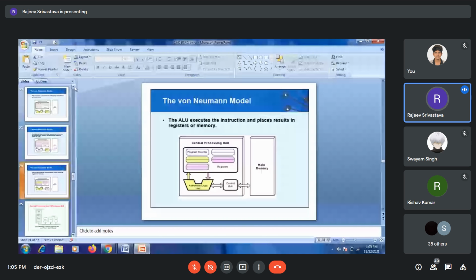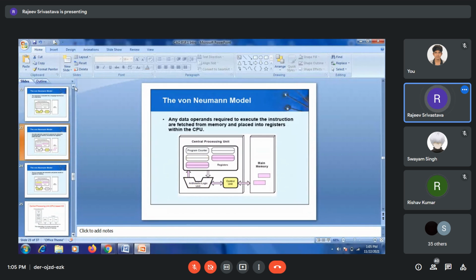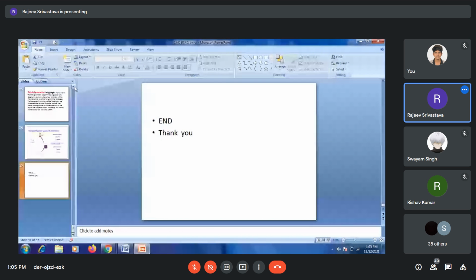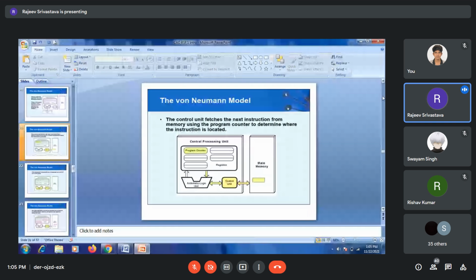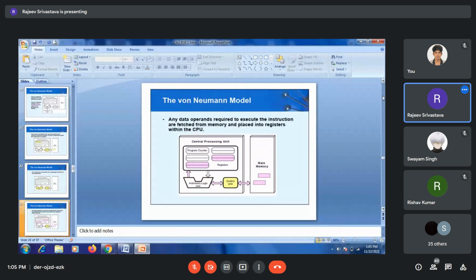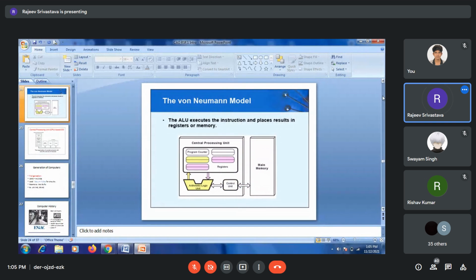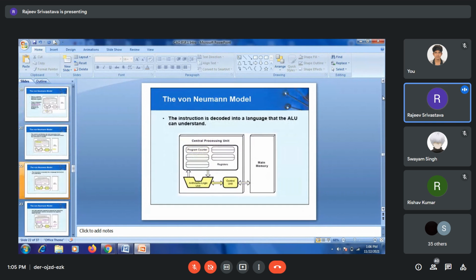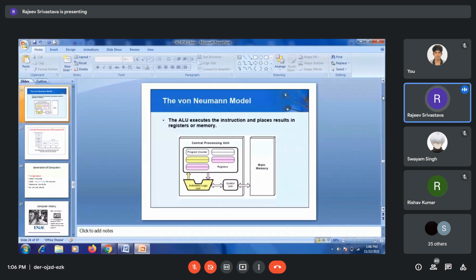And the stored program concept means the program has to be loaded into main memory and executed. This is done by fetching the instruction, decoding the instruction, executing the instruction, and then placing the result in the appropriate place depending upon the instruction, either memory or register.